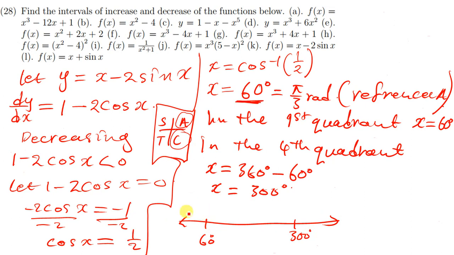This one is straightforward. We know that all the angles this side are running from negative infinity to 60 degrees. Then in between here, they are running from 60 degrees to 300 degrees. And then this side we have 300 degrees to positive infinity.